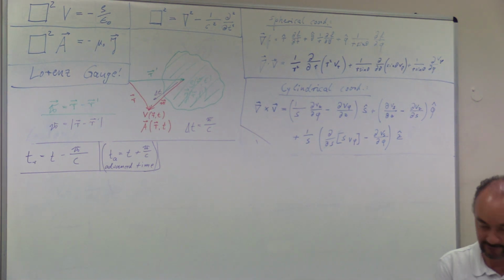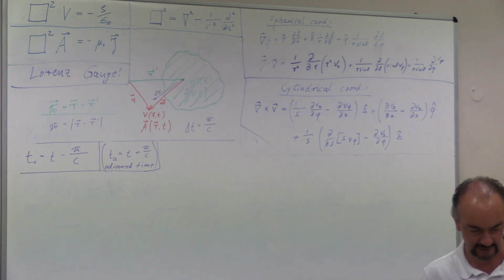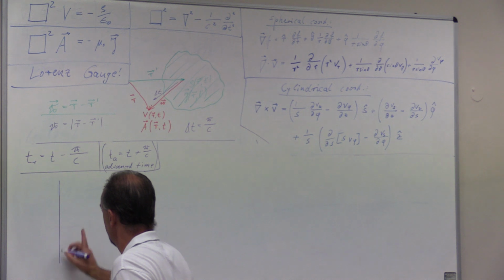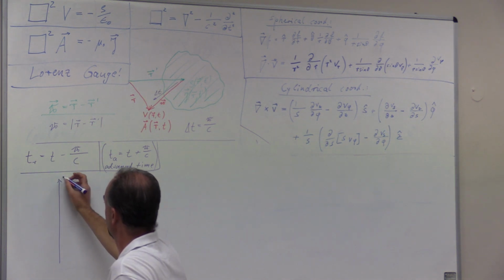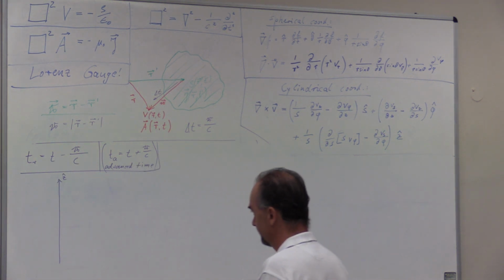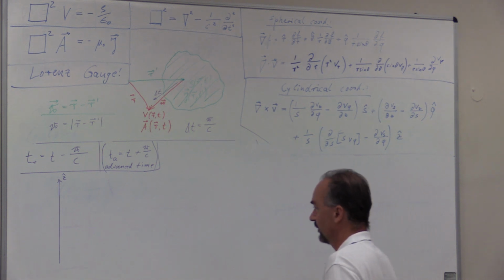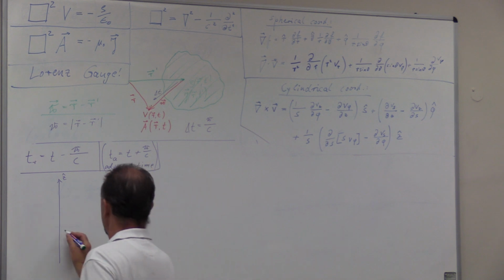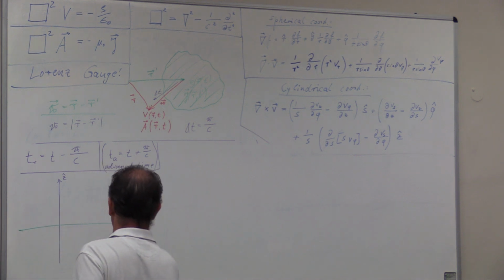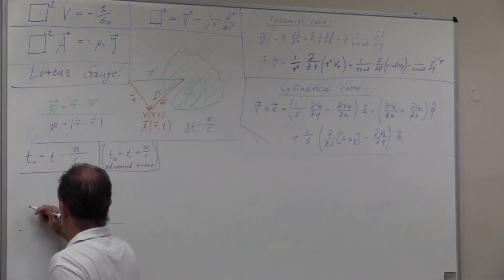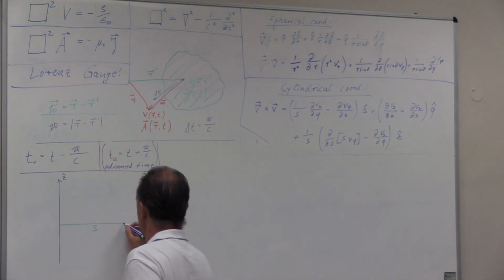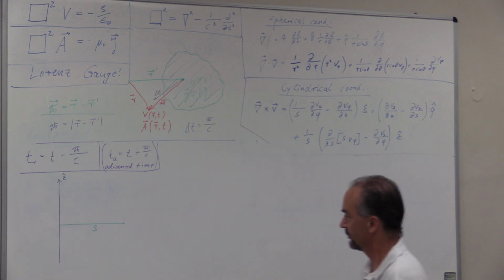So that's example 2. In the example, we have some wire going in the z direction, and we are located at some distance s perpendicular from this wire.